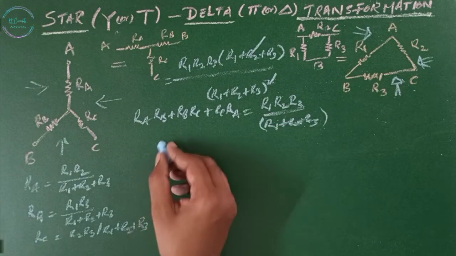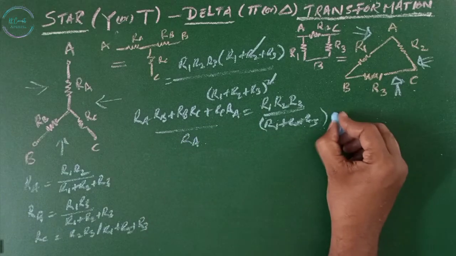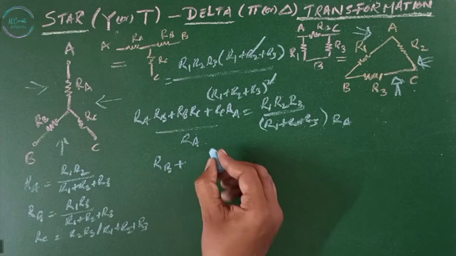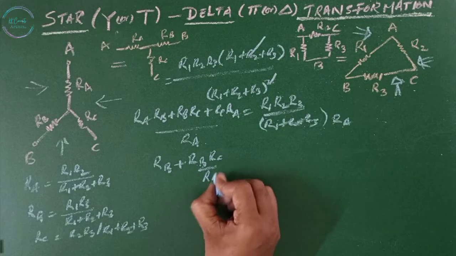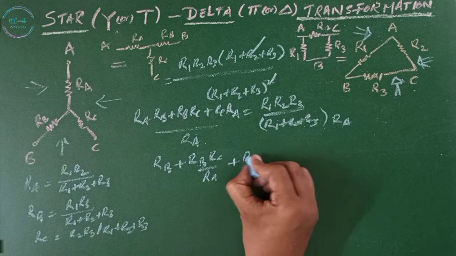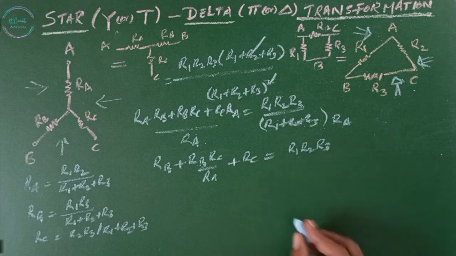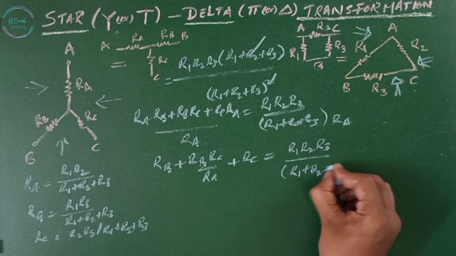Now dividing on both sides by RA, we get RB plus RC plus RB RC by RA, which equals R1R2R3 divided by R1 plus R2 plus R3.